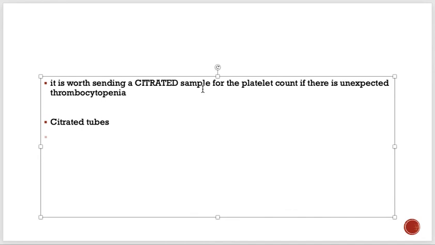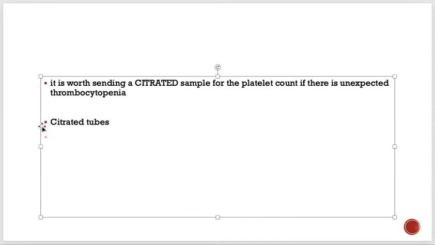Whenever we have to send the blood for a coagulation profile or coagulation assay, the blood should not be diluted and things should not be changed, so we have to take care. We are going to discuss this in the coming lectures on clotting profile.